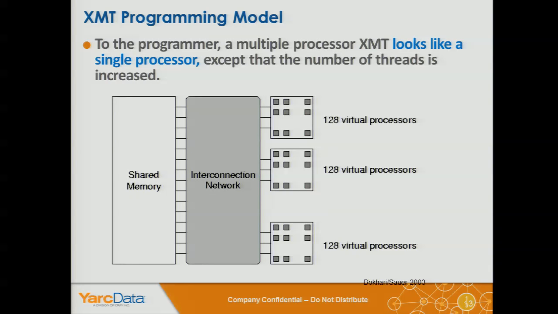I wanted to get to this slide because this shows the basic XMT programming model. Really, the best way to think about it is as a single processor. Even though you think of it as a 64P machine, or you might have submitted a job on 8 processors, you have to throw away that idea.